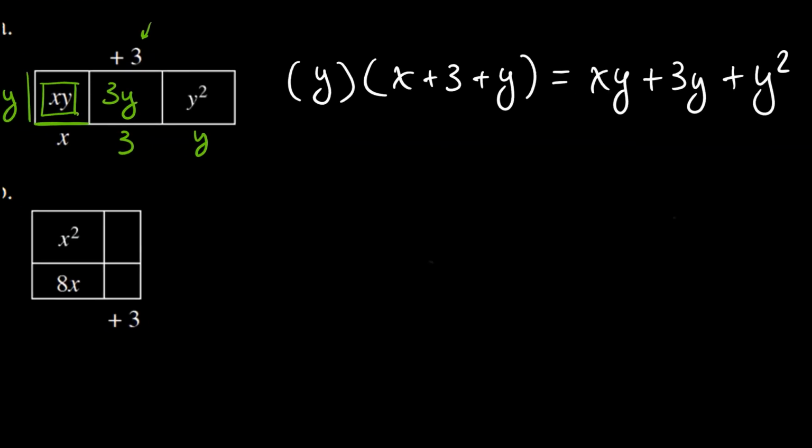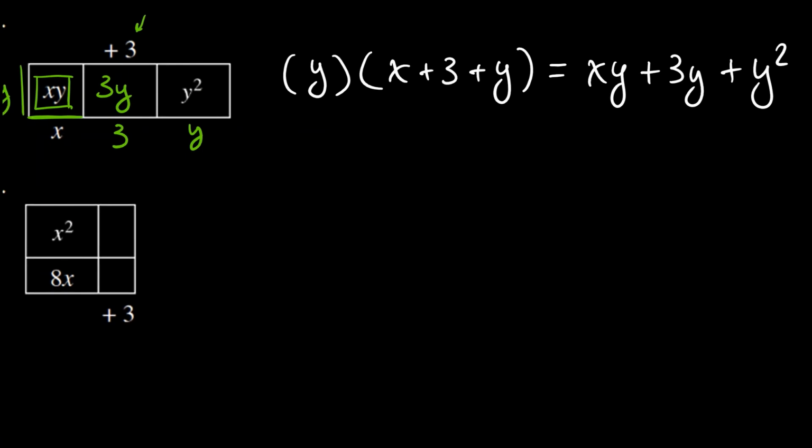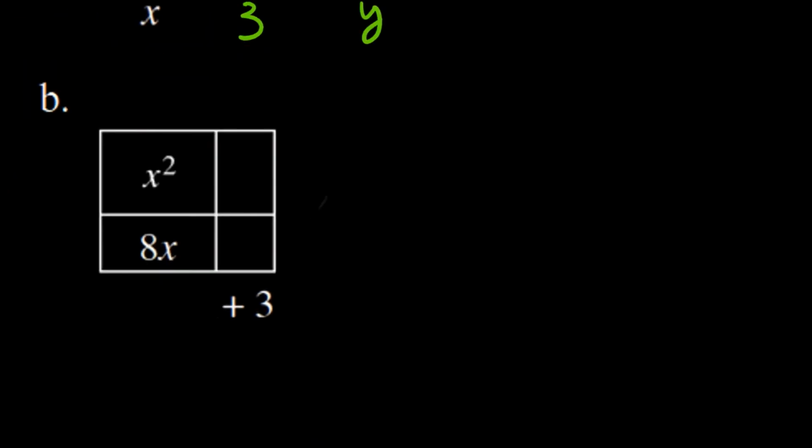You can see each of those in the area model, right? So when you multiply y times the trinomial x plus 3 plus y, you get xy plus 3y plus y squared. Beautiful.